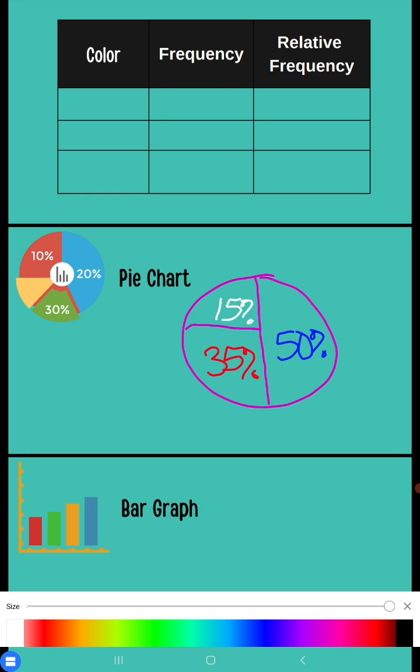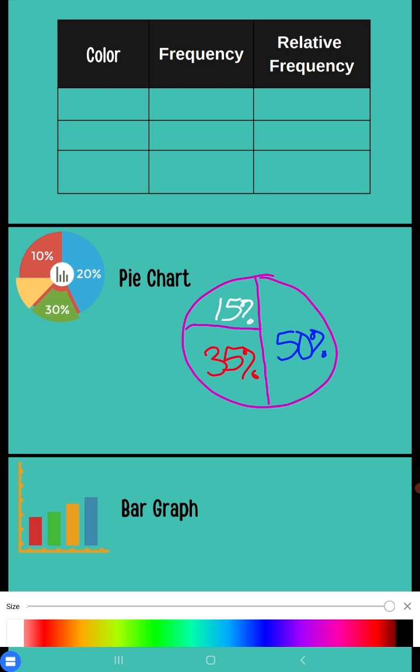So with a pie chart, what we do is we draw a circle and we attempt, which I did not do a very good job of, to split the pieces up proportionally. If I'm telling you that blue chips are 50% of the overall data, then I want to give blue chips exactly half of that pie chart. If I am telling you that red chips made up 35% of my data, then I would want to put a little bit over a third of the circle in the sector for red chips, okay?